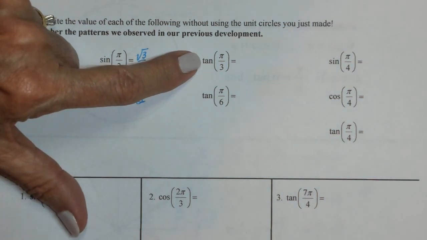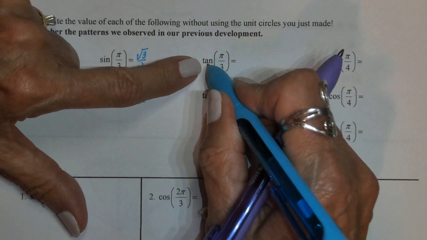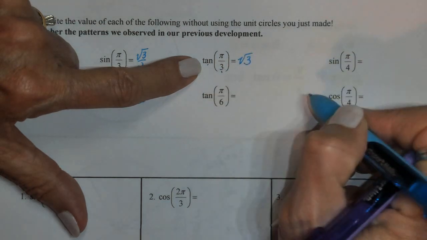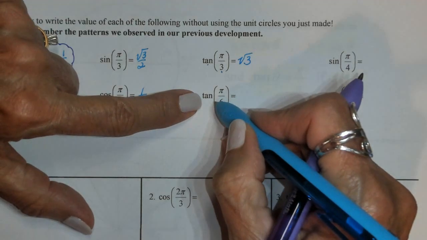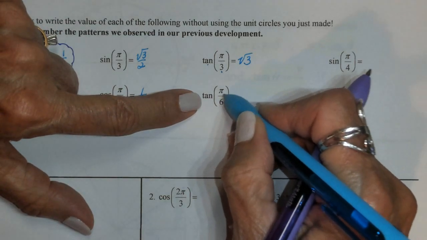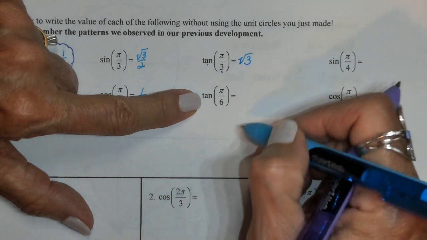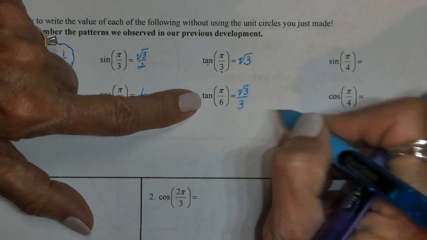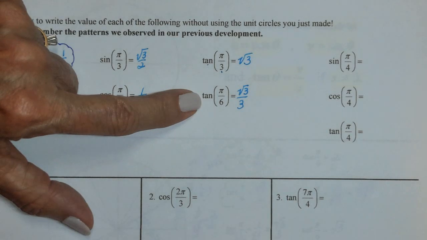Tangent of pi over 3. For tangent, a single 3, a single 3. For tangent of pi over 6, 6 has 2 3's. So tangent of pi over 6, 2 3's, square root 3 over 3.